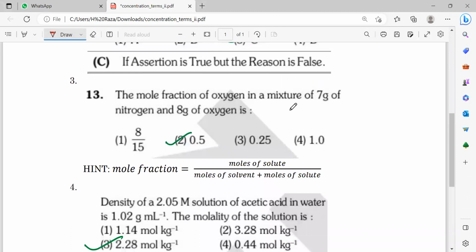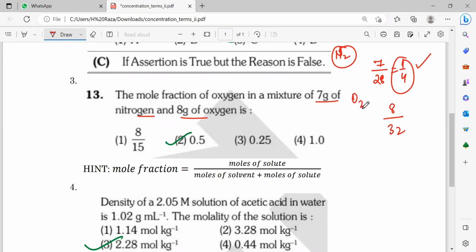Now the next question that you have calculated: 0.5. 7 gram of nitrogen. As you know, nitrogen exists in N2 form, so the molar mass will be 28. So it will have 1/4 moles. And again 8 gram of oxygen, so 8/32, because oxygen exists as O2. One oxygen 16, two oxygen 32, so 1/4.